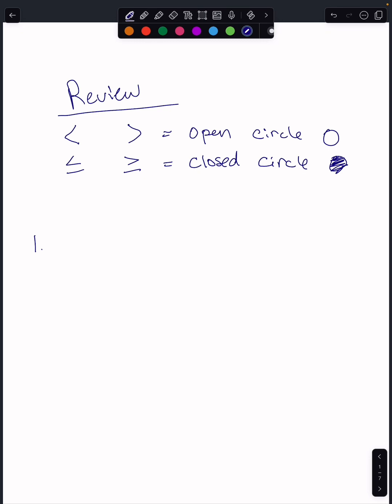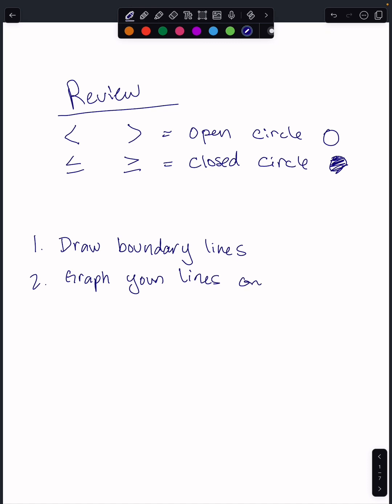Step one, you want to draw your boundary lines. Second thing you want to do is graph your lines, only keeping what you need.